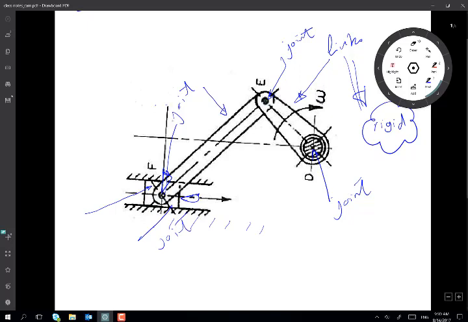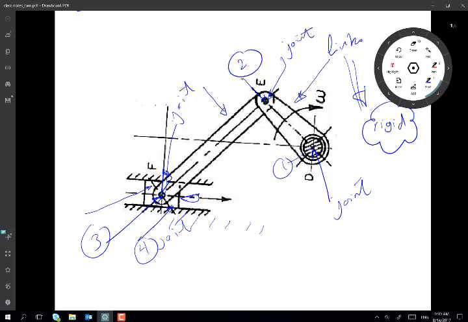So this linkage in front of us has four joints. We have these joints here, these joints there, and this joint in the center here, and we have the sliding joint, the fourth one. So the linkage in front of us really has four links and four joints.